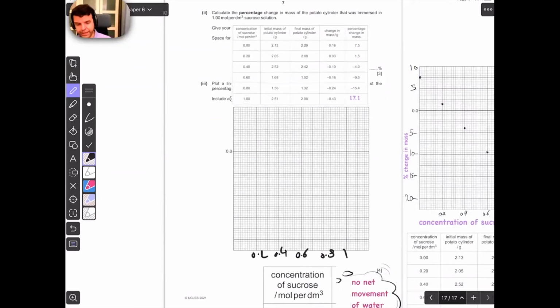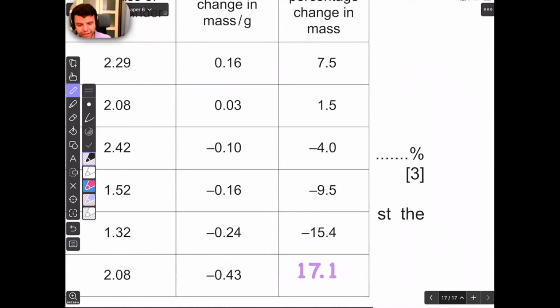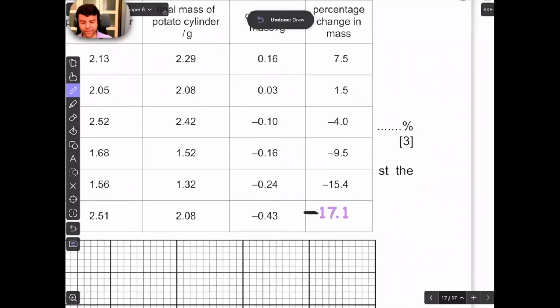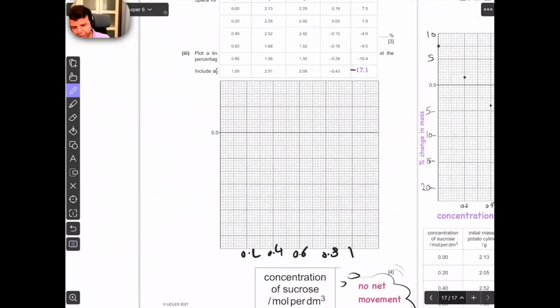Next, I'm going to take those values. Some of those values are positive, some of them are negative. Do you see what's the largest number I have? The largest positive I have here is 7.5, and the largest negative value I have is 17.1. So look at the way I'm going to divide it. I'm going to divide this into 5, 10, positive.